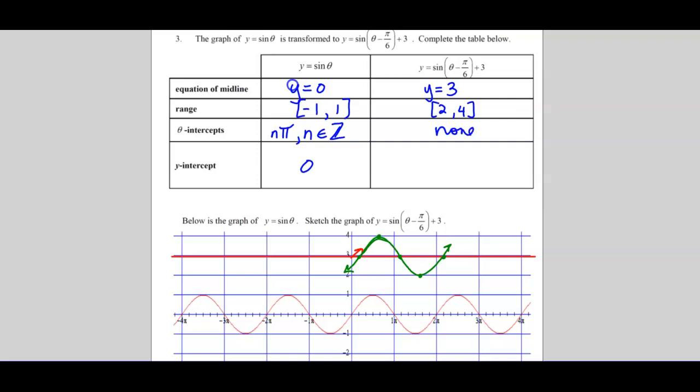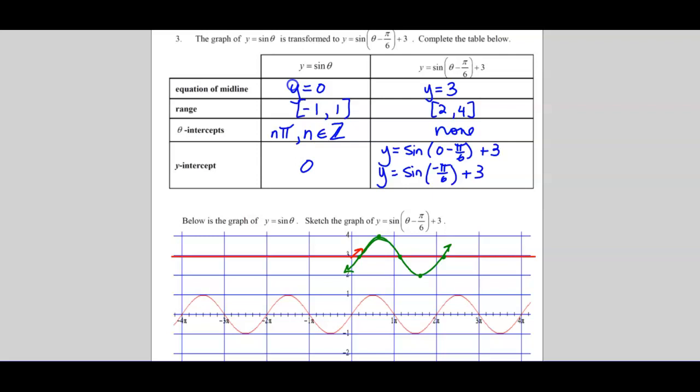Y-intercept, well, can't tell exactly. But what's the value of theta at a y-intercept? 0. So let's try it out. Notice how it's a bigger box. That's the reason. So y equals sine of 0 minus pi over 6 plus 3. So negative pi over 6, that's a special angle.